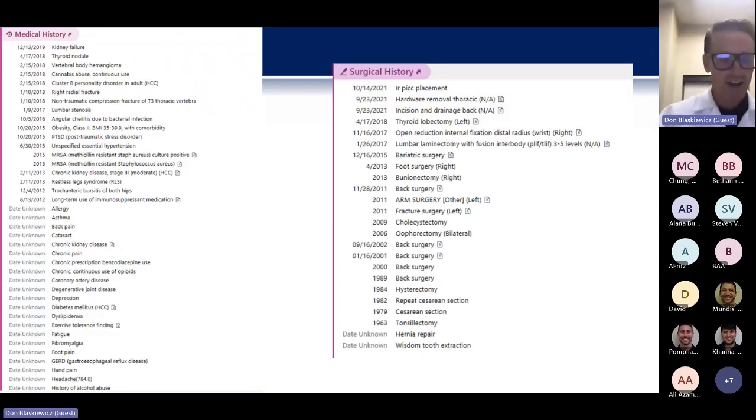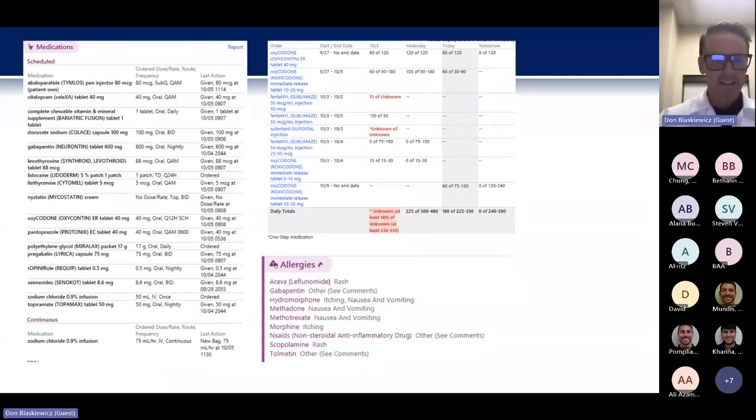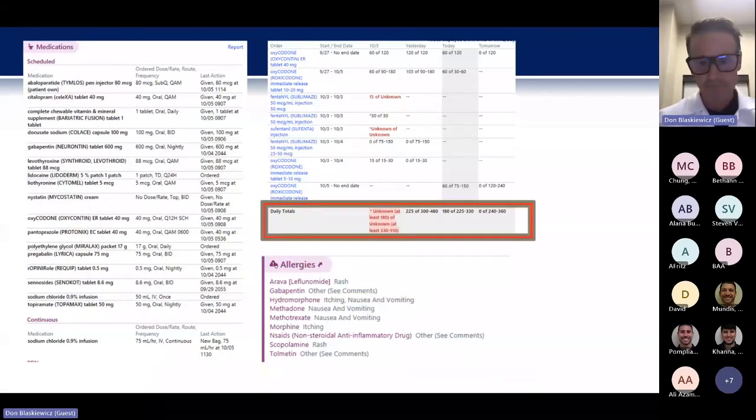She had a number of different medical comorbidities, including diabetes, and she had somewhat of an extensive surgical history, on a fair number of medicines by the time I saw her. And one of the important things was her morphine milliequivalents were on the high side.